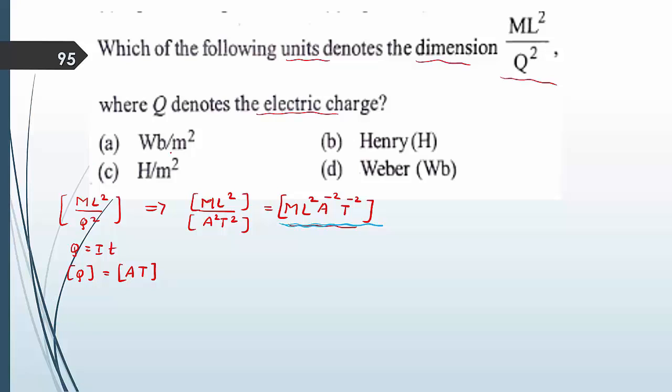Now the first option is Weber per meter square. See here, first we can go to Weber. So easily we can find Weber per meter square. So here I am going to write option D here. Option D is about Weber, or we can write WB. This is the unit of magnetic flux.